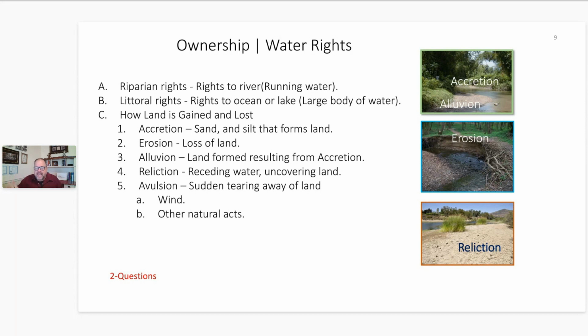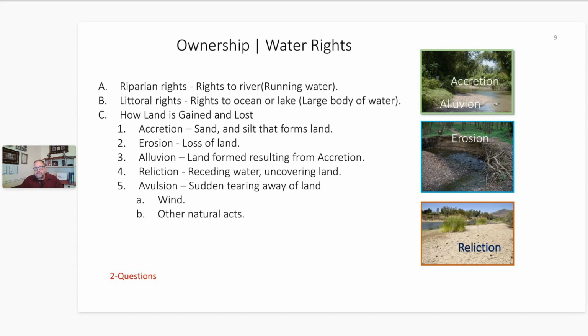And each state has its revised statute on how the property owner owns either to the center of the river or stream or to the bank. It depends if it's navigable or non-navigable. In other words, boat traffic, no boat traffic. So riparian is waterfront to a river. Littoral is waterfront if you've got beachside property or you're on a lake.